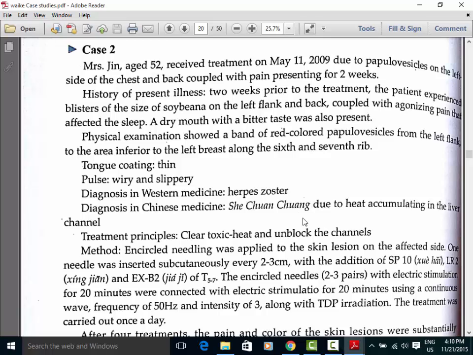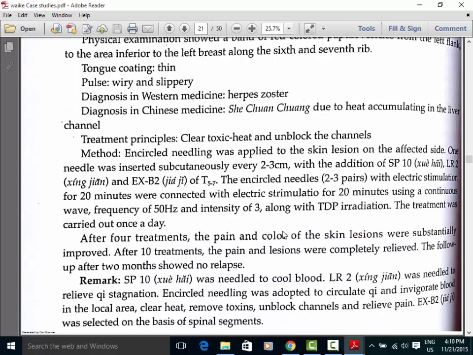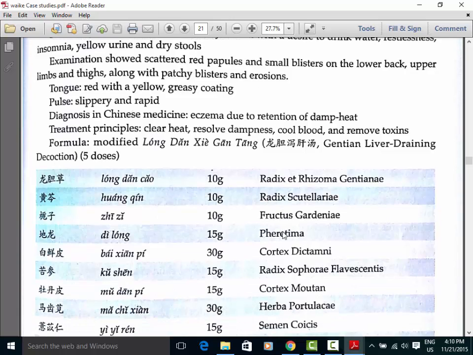So that's what they're treating here. Shi chuan chang chuang. Okay, see there we go.